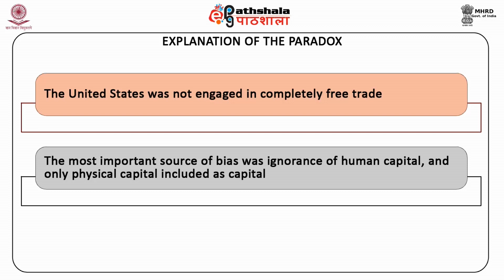was included as capital. Kenen, in a 1956 study, estimated the human capital embodied in US exports and import substitutes, and then recomputed K/L for US exports and US import substitutes of the 1947 data, and he succeeded in eliminating the Leontief paradox.